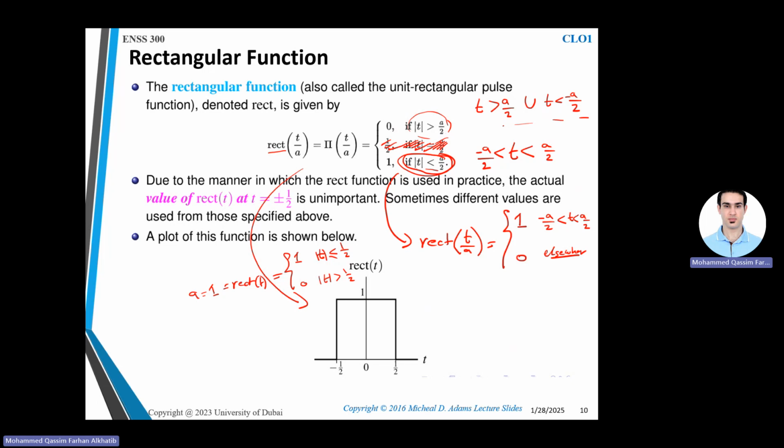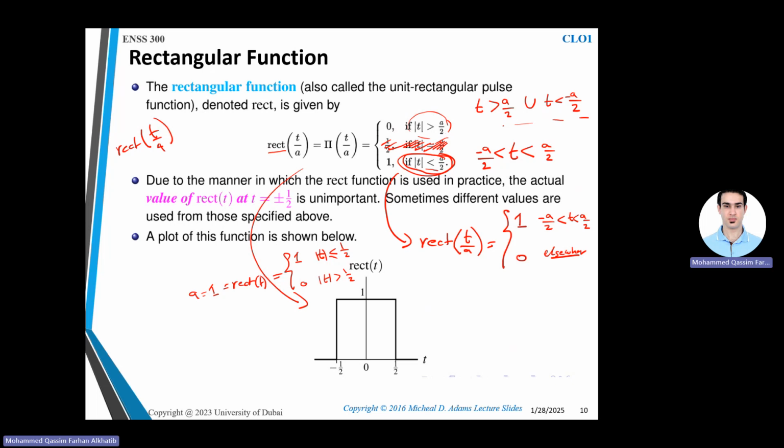So if I ask you, draw rect of t over 4. From where to where? See, a over 2, negative a over 2.